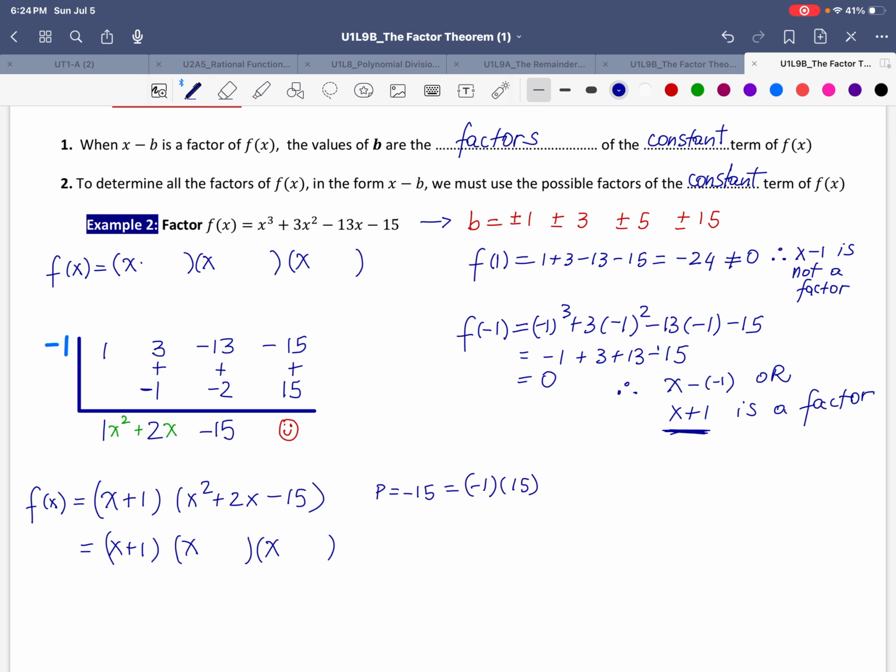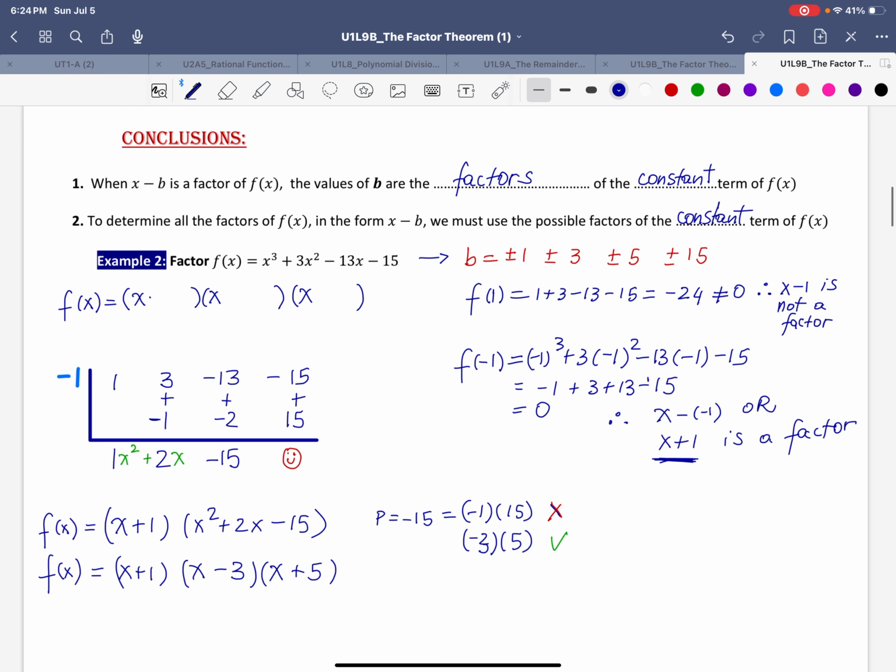That doesn't equal +2. So we're going to search for the next factor. -2 doesn't fit in, but -3 does, and 5. And -3 and 5 also add to +2, which means that -3 and +5 will be our numbers here. And this is a factored form of this polynomial.